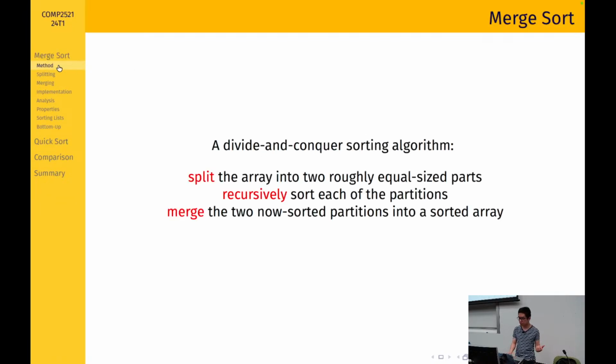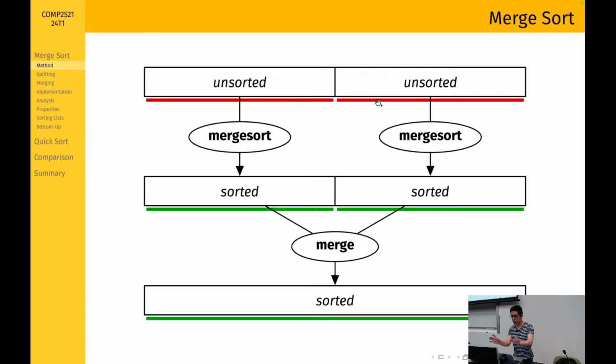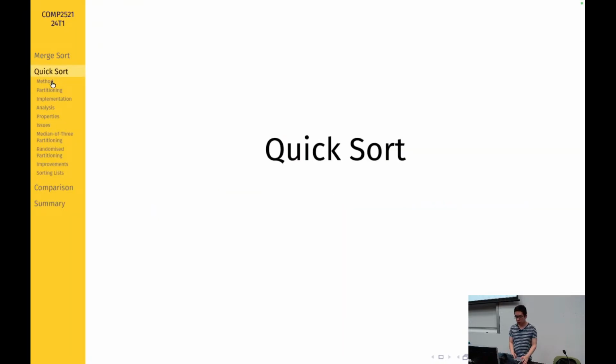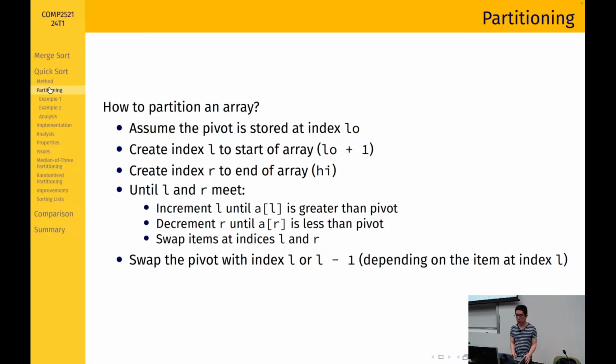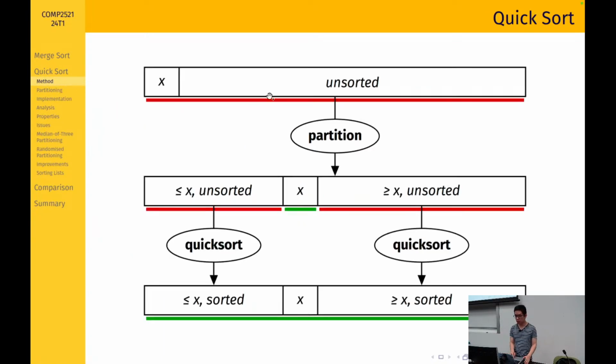With merge sort, we start off with two unsorted halves of the array. We recursively merge sort them, and then we merge the two halves back together. In quicksort, the recursion actually happens after all the hard work has been done. We start off by performing the partitioning. Let's say X is our pivot. Then the pivot is going to end up in the middle of the array somewhere.